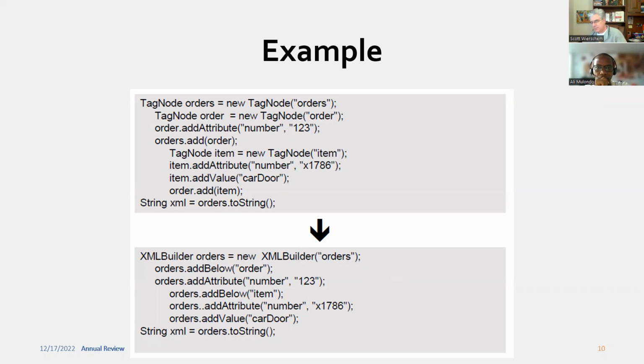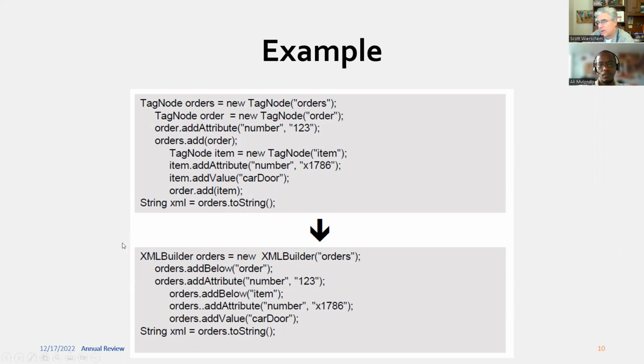Builder pattern, you'll use that if you have a number of parameters that you have to set in calling a method, and so you want to create a parameter object and use the builder pattern to set the values there. Or in this case, this just makes it easier to assemble this tag node structure.